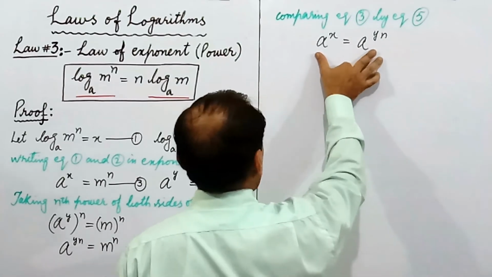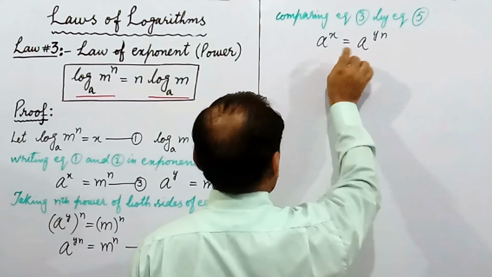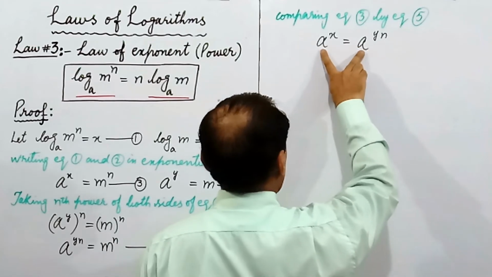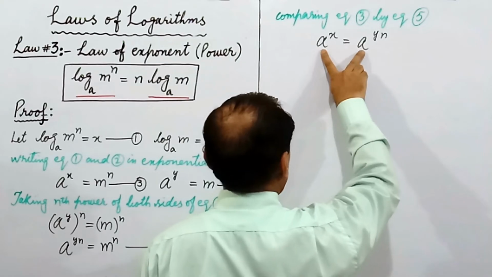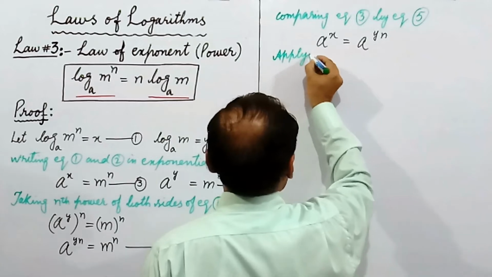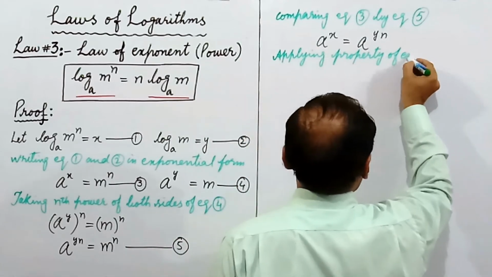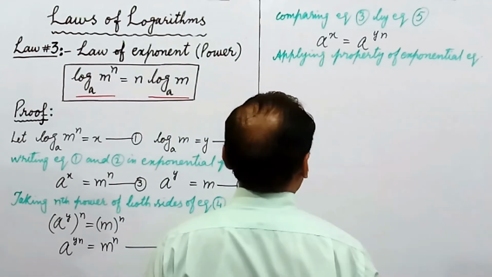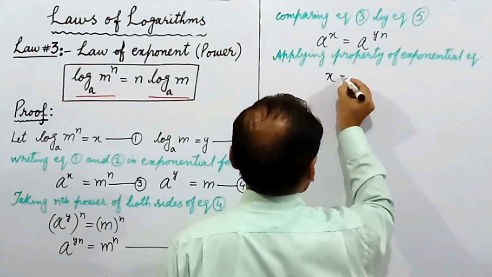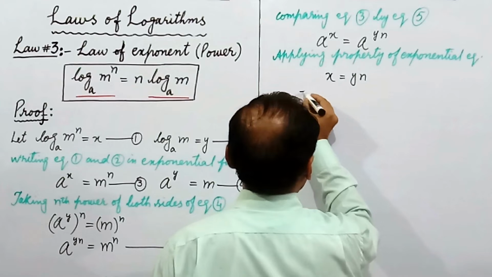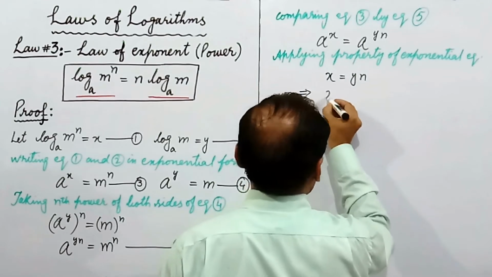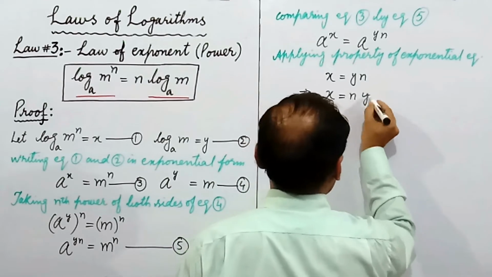As this is an exponential equation, and in this equation the bases are the same on both sides, we can apply the property of the exponential equation, that is, if bases are the same then the powers are equal. We have x is equal to yn. We can write as x is equal to ny.